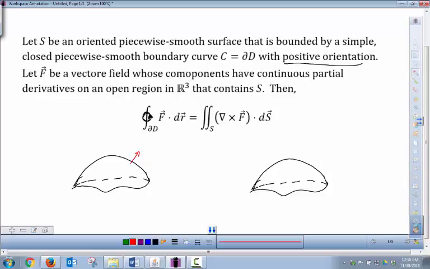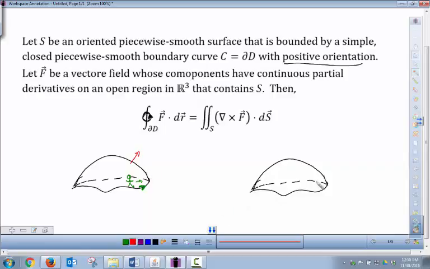If you were some guy walking around the boundary of the surface with an upward orientation, you as a guy walking around are going to be the same orientation as the normal vector, and as you walk around that surface, your left side would be on the surface, where the orientation is.